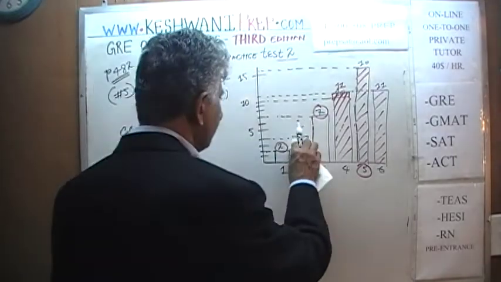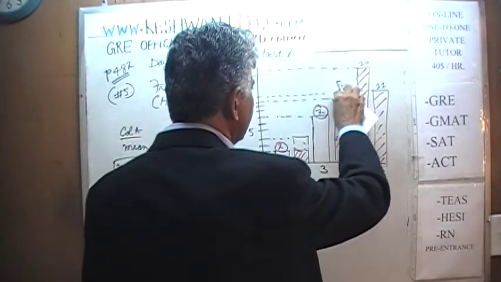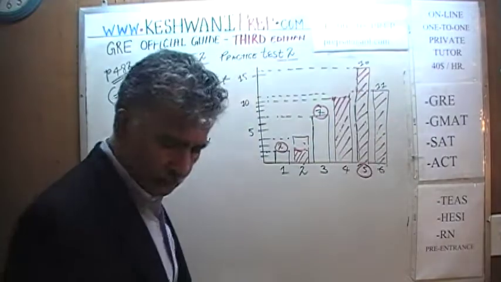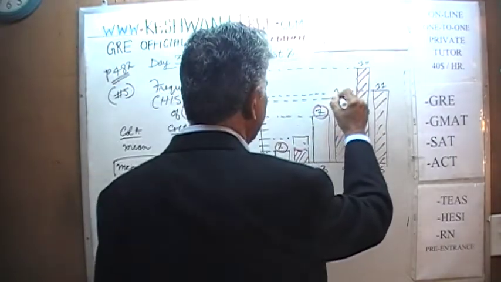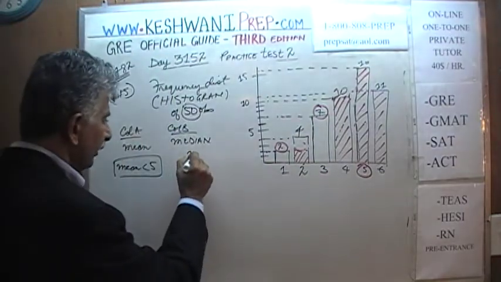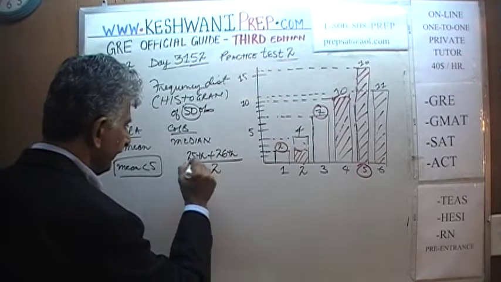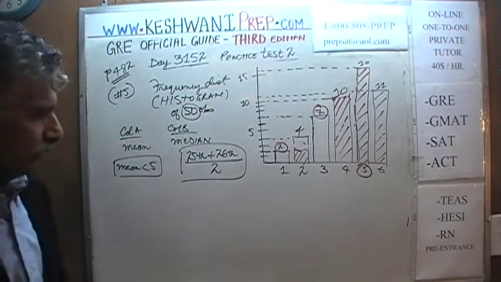Let's switch this thing to the way it was so we don't get confused. It was 10 here. The median is simply the average of the 25th observation and the 26th observation, the average of the 2, because there are 50 of them altogether.